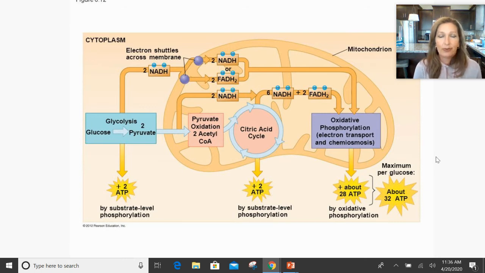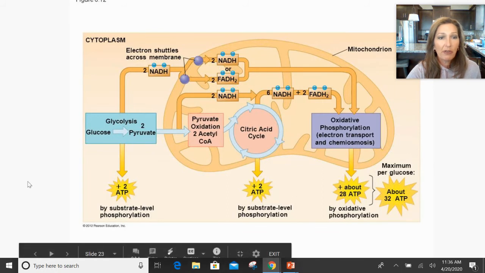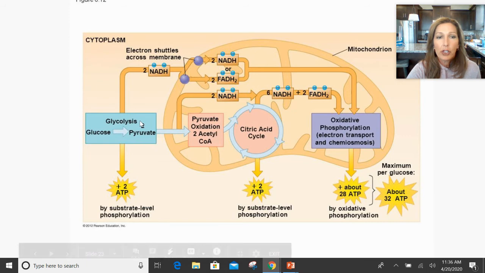Here's the overview of cellular respiration. So remember, first of all, glycolysis. Glycolysis is this energy release process that occurs in all living things. So this is another evidence of the unity of all life on this planet, of how anything that uses stored chemical energy, which is just about everything, breaks glucose down into two pyruvates.